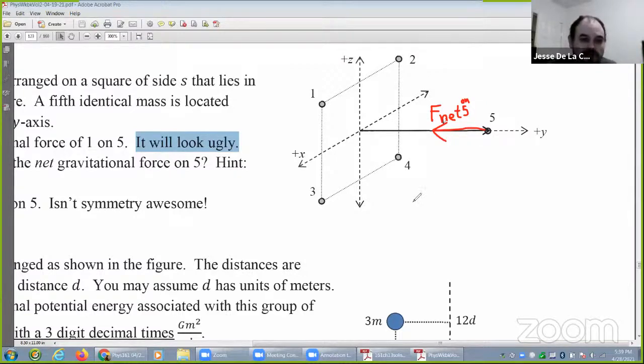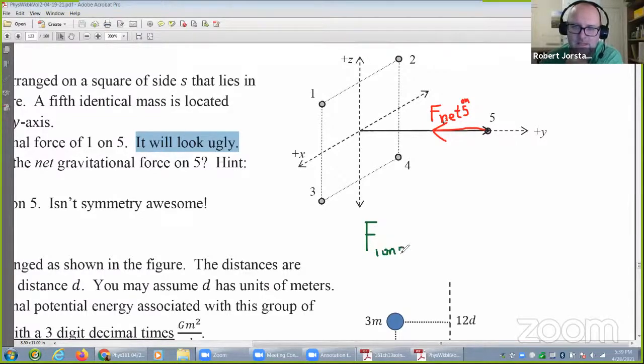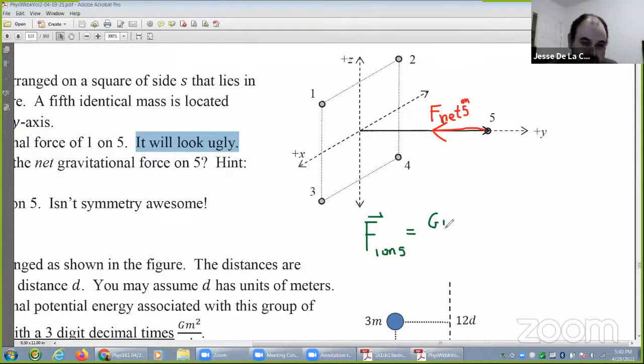Draw. Or what's the equation for force of 1 on 5? Because that may help us draw in this case. Give me a general equation for it. G M1 times M2 divided by R squared of 1 to 5.